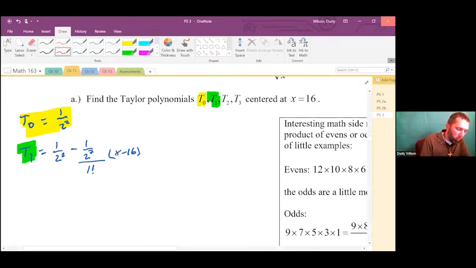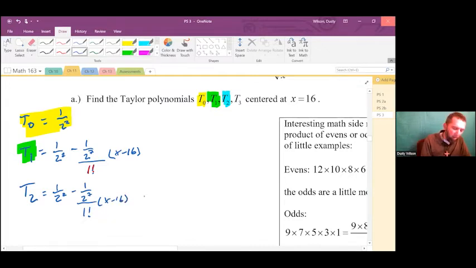Here's the 1 factorial that's built into the formula, and you have the x minus 16 that's again built into the formula. Now we can look at T2. So T2 is going to be T1, which is 1 over 2 squared minus 1 over 2 to the 7th over 1 factorial times x minus 16.